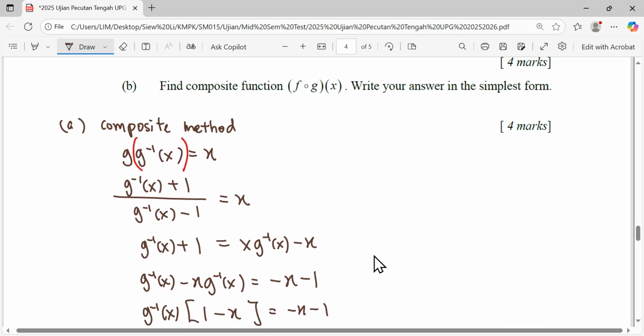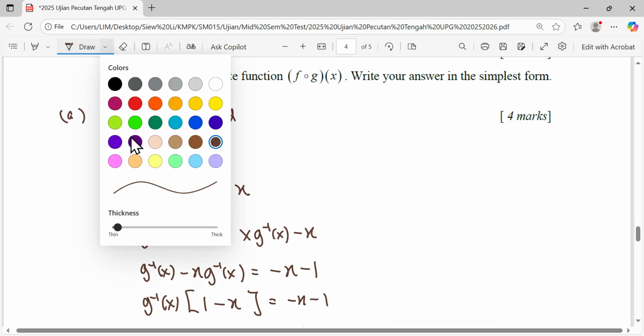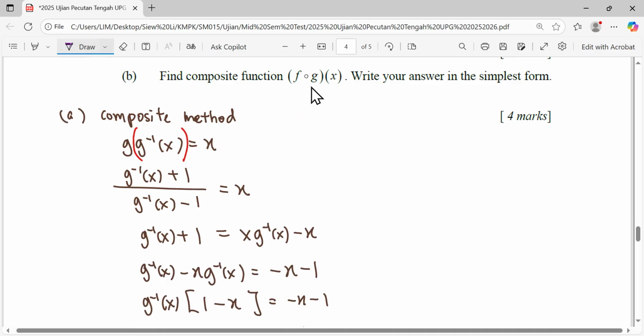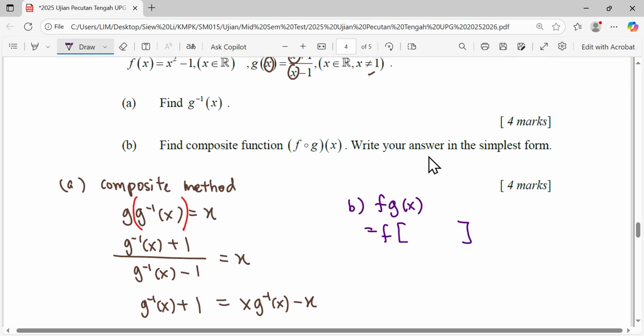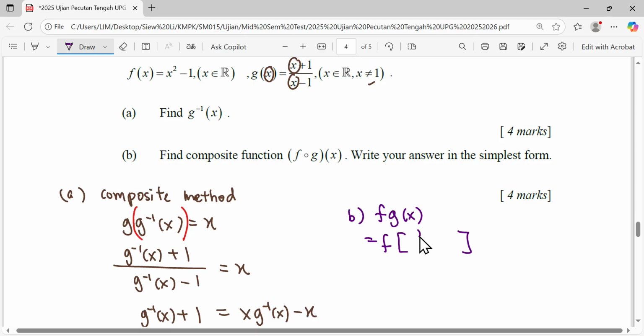Then you can see question B, they are asking us to find the composite function f(g)(x). So for question B, to find the composite function f(g)(x), firstly substitute g(x) inside. g(x) is x plus 1 over x minus 1.